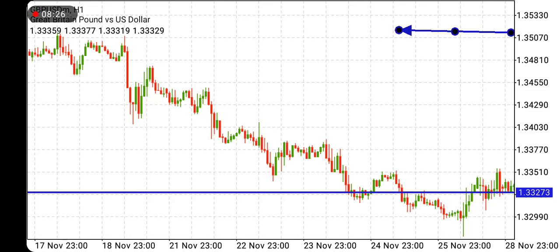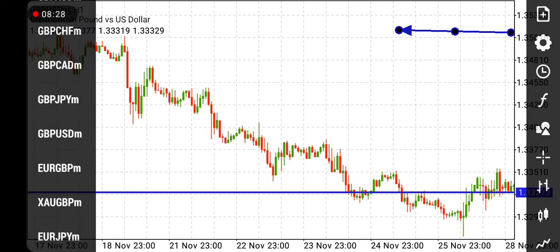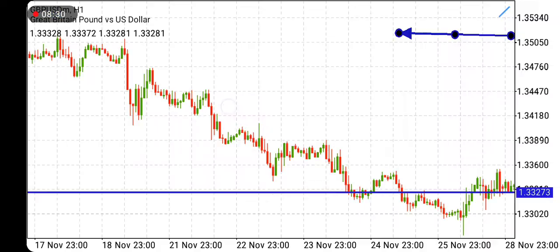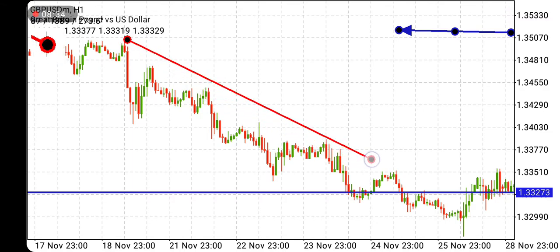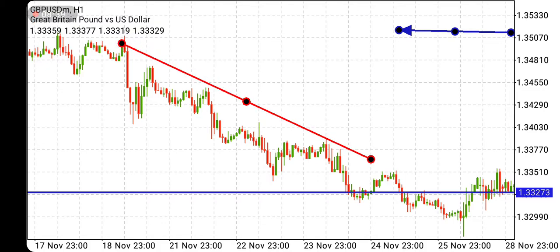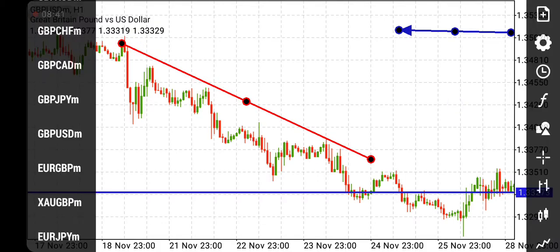So as a trader, you just pick your trend line, and then you draw your trend line here. All right, very simple.